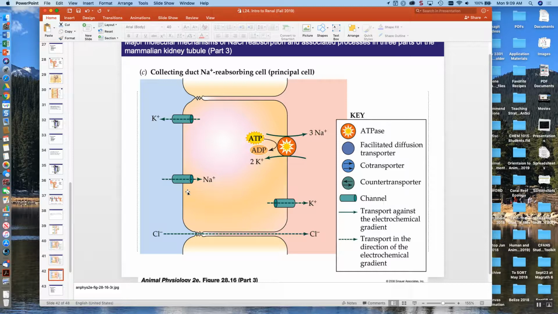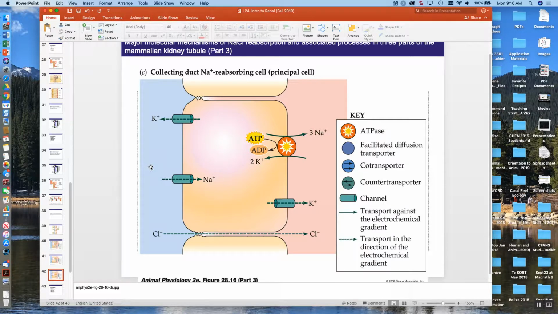And we're going to learn more about this on Friday, actually. You're going to have a video that talks about this. All right, so here's the ENaC channel. Sodium enters into the cell across the ENaC channel, a highly selective sodium channel. Sodium enters into the cell, and then it leaves the cell again across the basolateral side, transported across that membrane by the sodium-potassium ATPase.